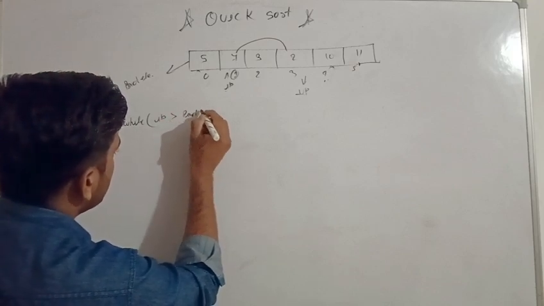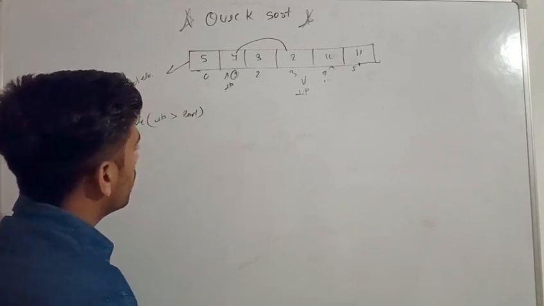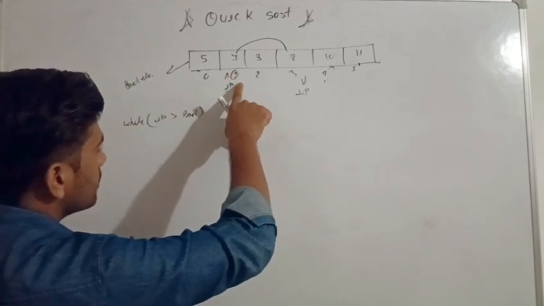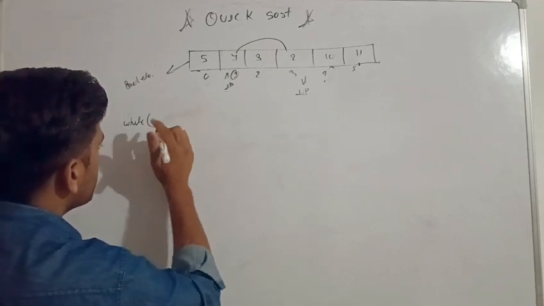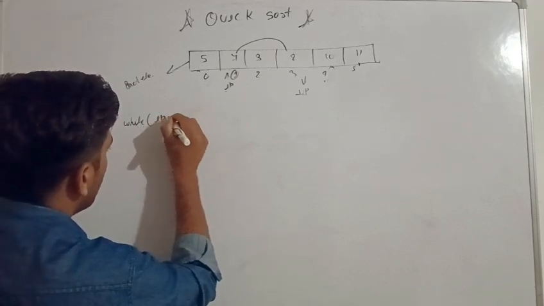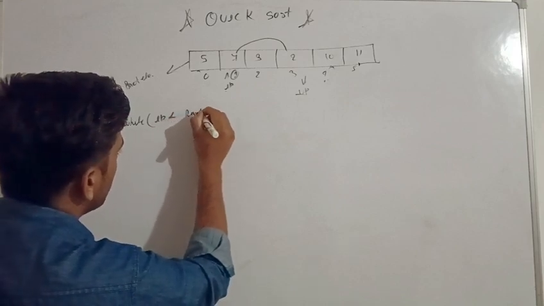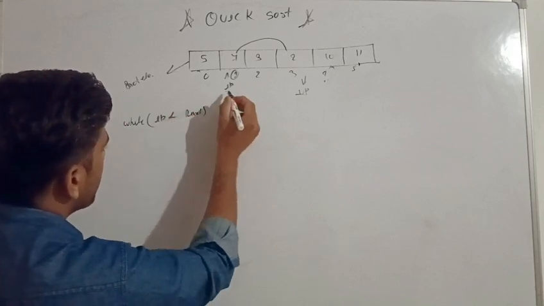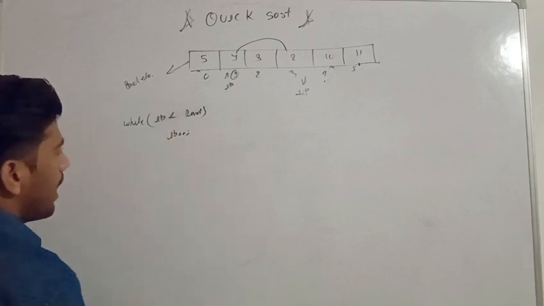With the pivot element, then no need to increment. If less than, then we have to increment. Okay, directly we can see here, if lower bound is less than the pivot element, then increment the lower bound.